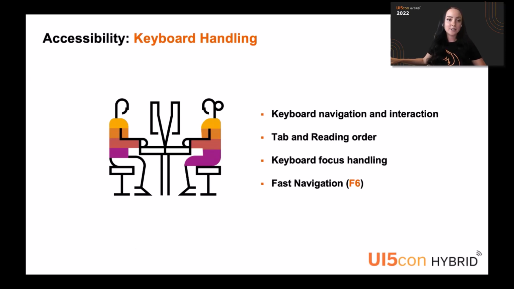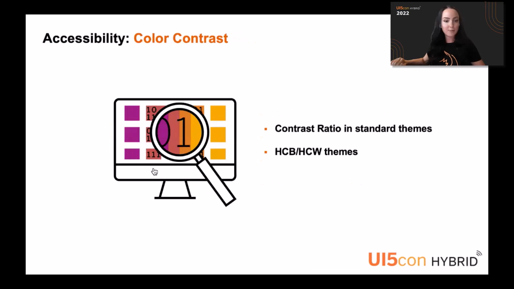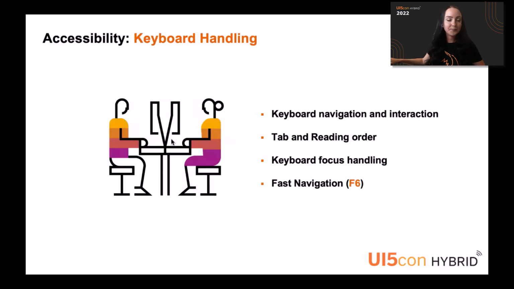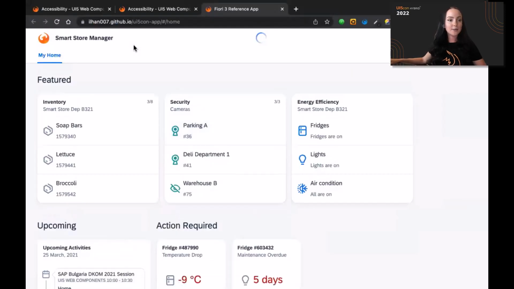The standard keystrokes, which are as per the role of the elements, are also available, as well as the advanced keyboard handling, which is familiar to you from SAP UI5. I will show you a demo regarding some advanced keyboard handling.